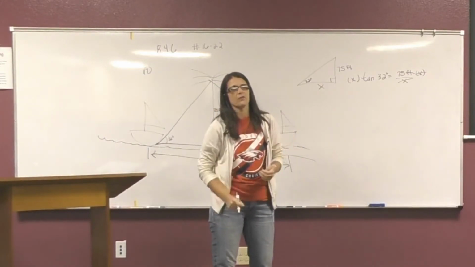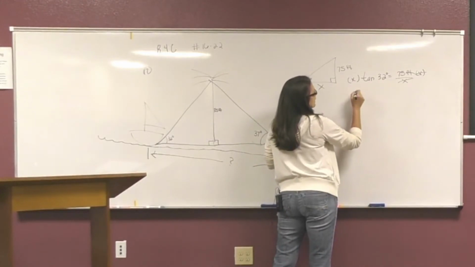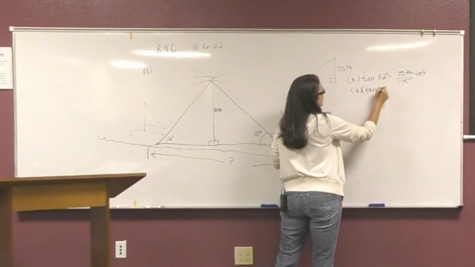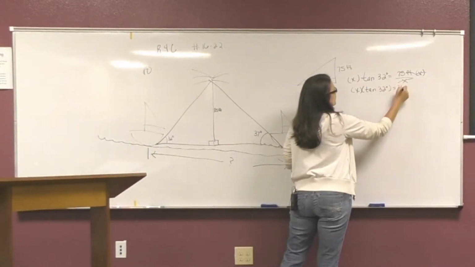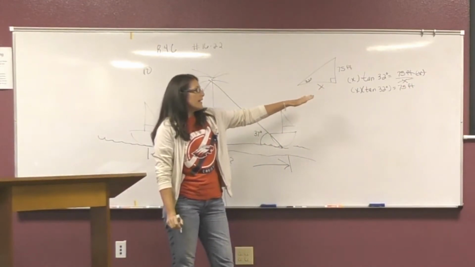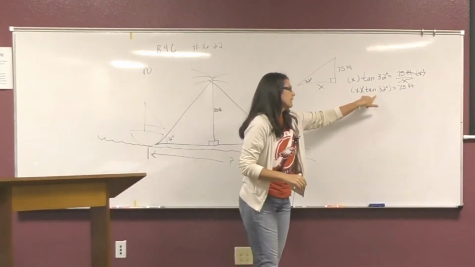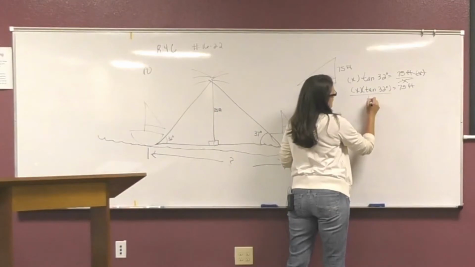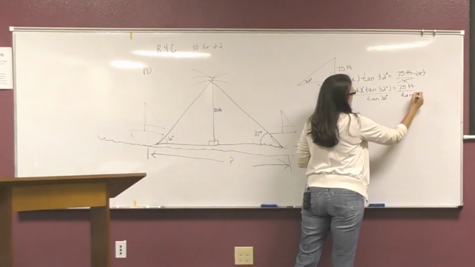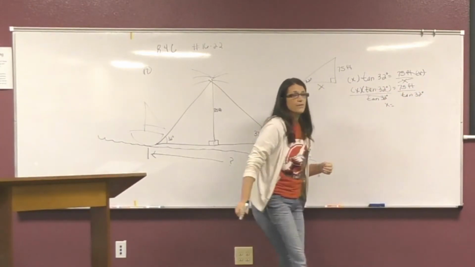Actually, I cleared my fractions. And then from here, let me just clean it up a little bit so you can clearly see what I'm going to do. Okay, from here, to isolate x and to get x by itself, I would use the opposite of, he's being multiplied, so I would just divide both sides by the tangent of 32 degrees. Just basic algebra. Those cancel. X equals whatever this number is.